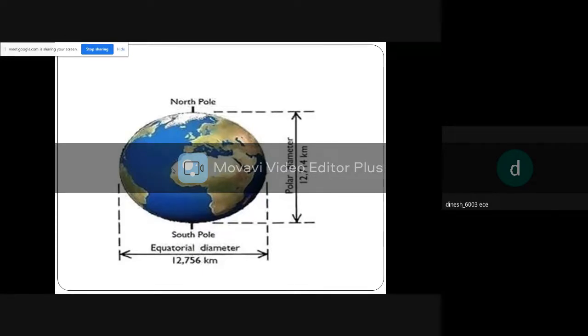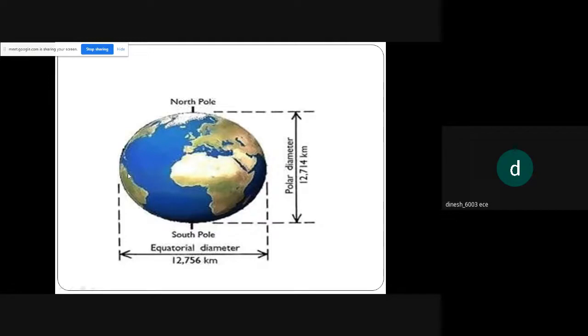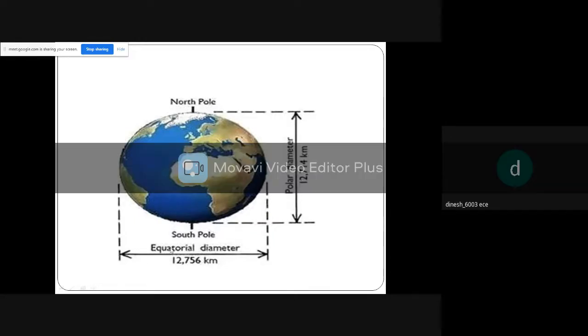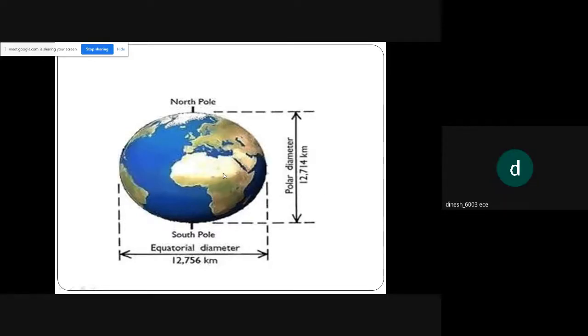The equatorial diameter is the measurement from west to east, the longitudinal dimension.